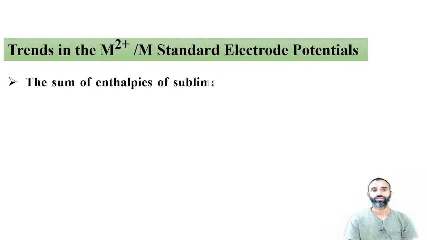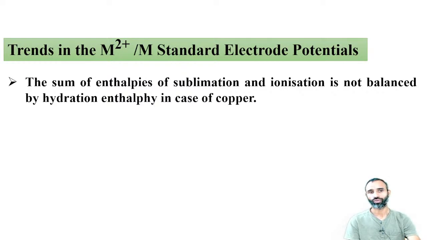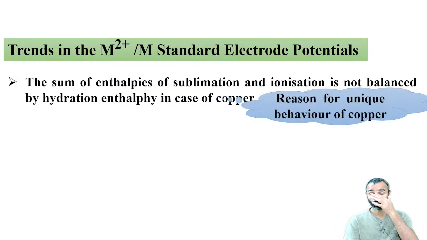Now standard electrode potential. So if we see the trends in M2+/M standard electrode potential, the sum of enthalpies of sublimation and ionization is not balanced by hydration enthalpy in case of copper. That's why electrode potential of Cu2+/Cu is positive.